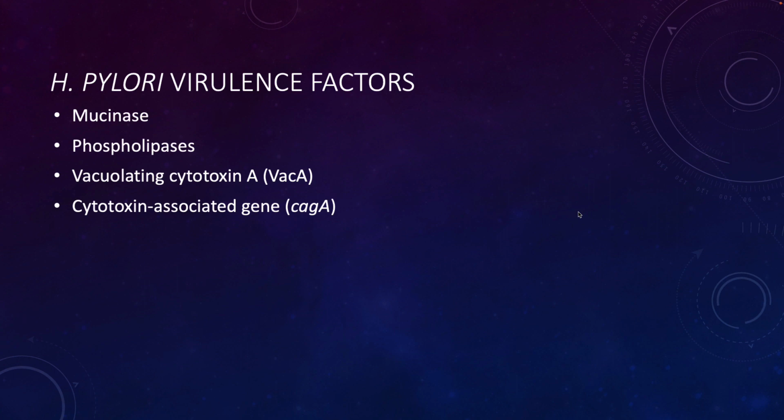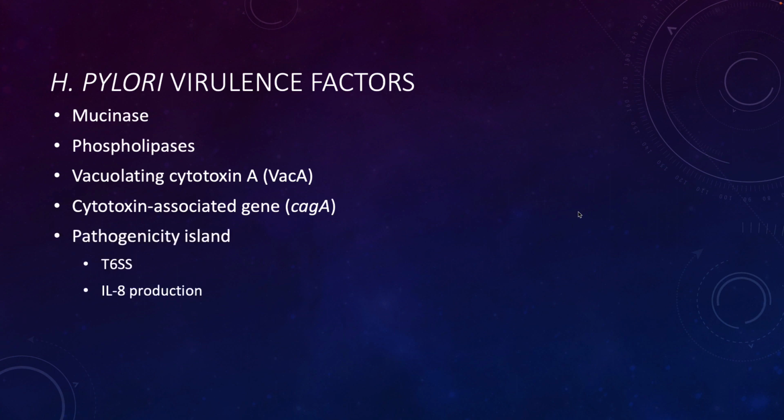It degrades the mucus protecting the stomach. It causes damage to the host stomach lining directly. And so because of the exposure of the stomach lining to acid, because it's no longer protected by the mucus, and these enzymes and toxins produced by the bacterium, you start to get that tissue destruction in localized parts of the stomach.